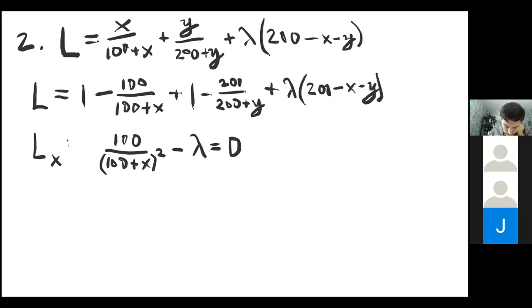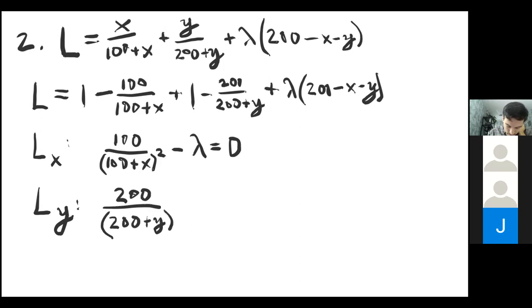So what are we going to do? We're going to get one for y also. That one's going to be 200 over 200 plus y squared, minus lambda equals 0, but right now I'll just write equals lambda and change this one also to equals lambda. Why?